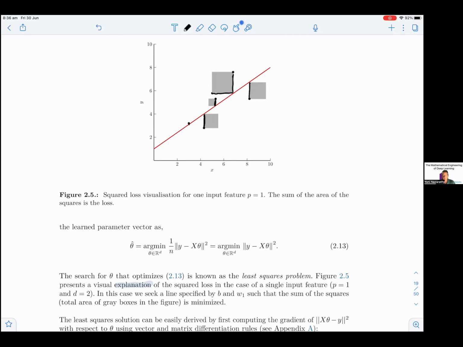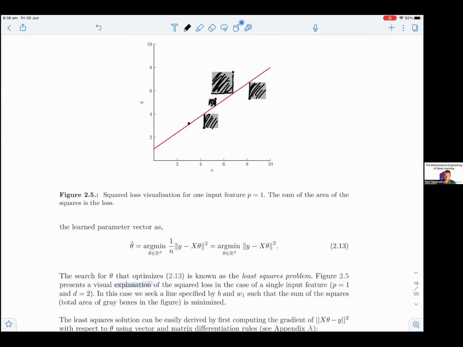So the points b and w1, theta hat, that minimize this sum of squares would be the optimal loss. You could visualize in your head this red line moving by changing b and w1, right?